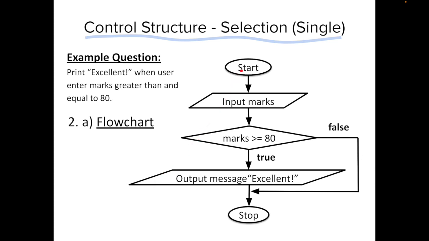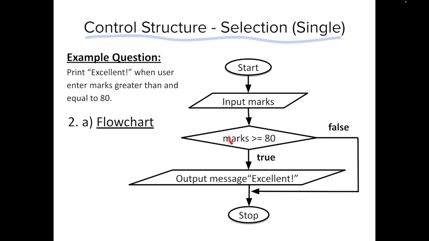Ingat, daripada awal, flowchart mulakan dengan start and stop. So, after start, since we have our input here, so we need to use this symbol, input, with the label input and then marks. And after input, kita akan masuk proses kita. Tapi kali ni, kita tak pakai bentuk rectangle lagi kan? Kita pakai terus diamond.